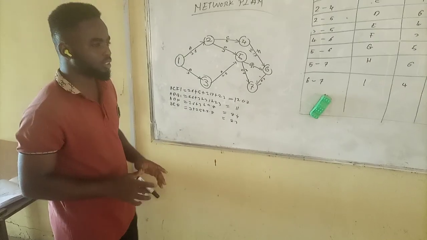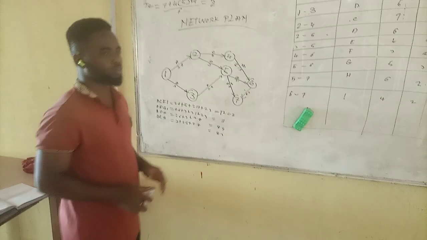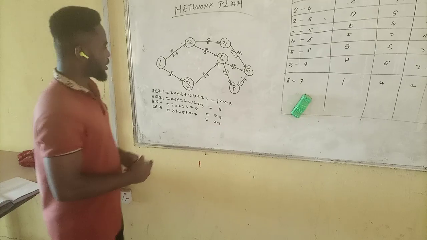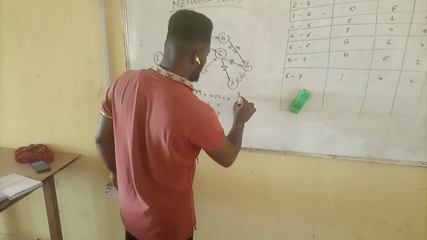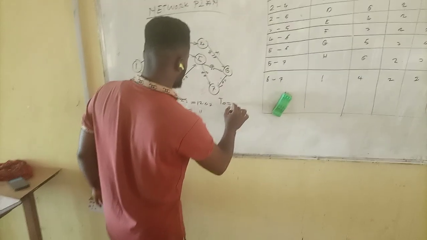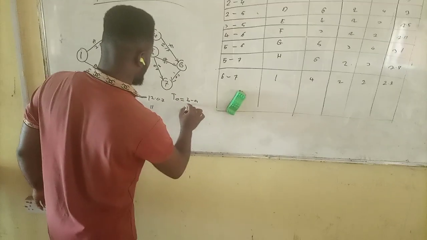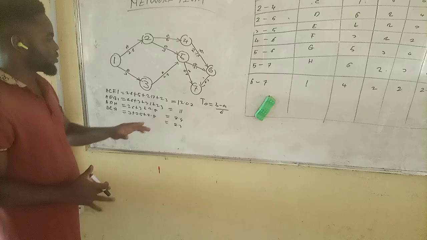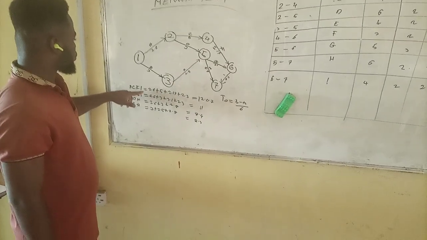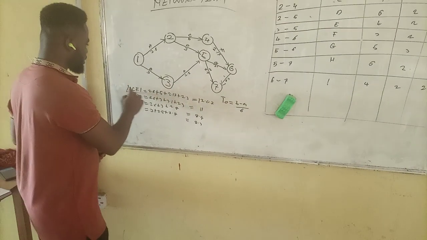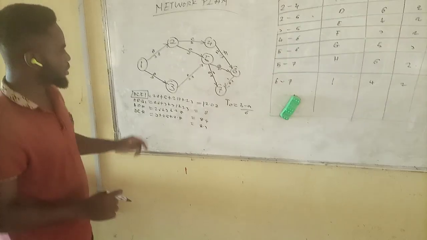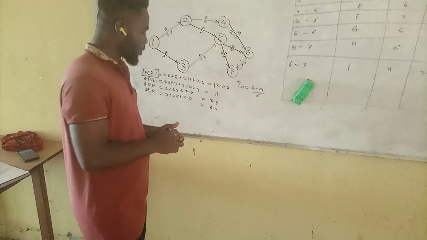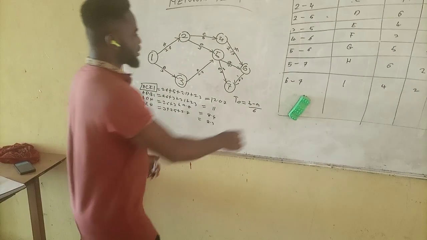What we will do next to know if a project will be completed in 24 months is to use this formula: TE equals to b plus 4m plus a, all over 6, to calculate only for this ACFI, which is the longest path of this chart in this network plan.